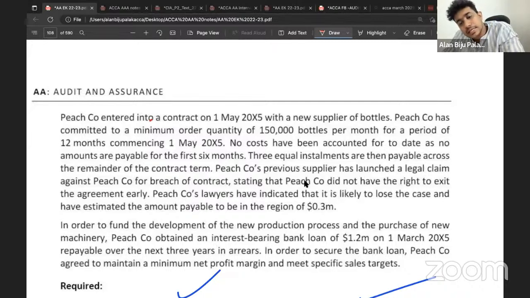Peach Company's lawyers indicated that it is likely to lose the case and have estimated the amount payable to be in the region of 0.3 million. In order to fund the development of the new production process and purchase of new machinery, Peach Company obtained an interest-bearing bank loan of 1.2 million on 1st March 2015, payable over 3 years in arrears. In order to secure the bank loan, Peach Company agreed to maintain a minimum net profit margin and meet specific sales targets.